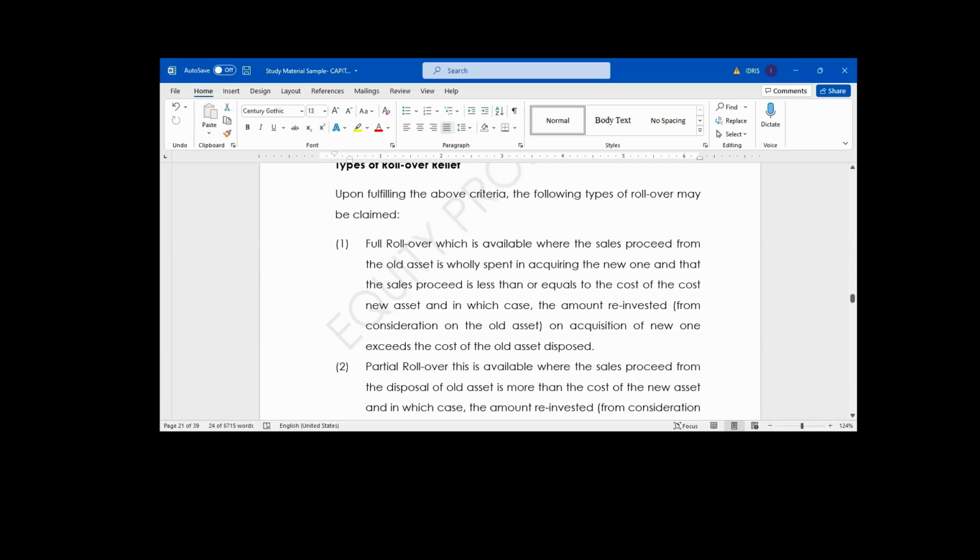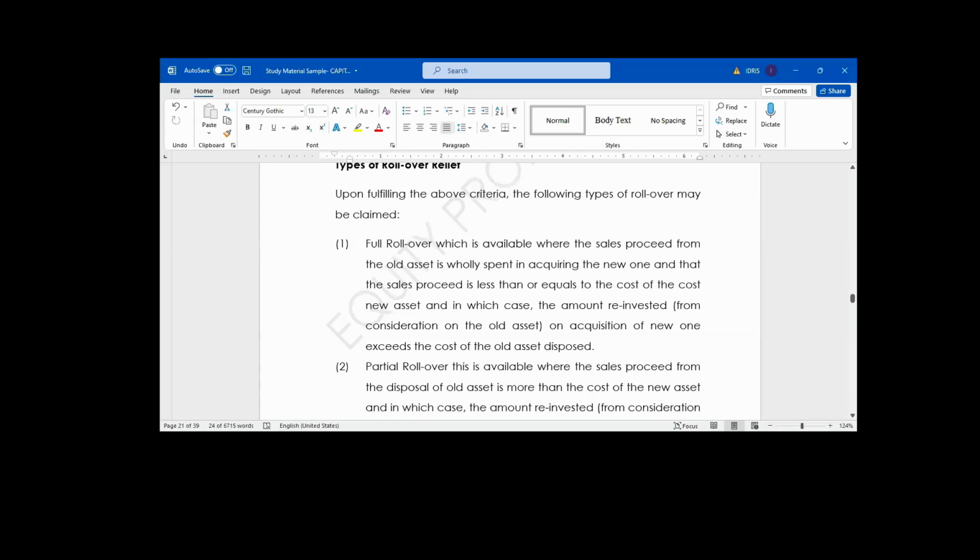That is full rollover. In full rollover, you will not pay any capital gain tax at all when you dispose of the old assets. You defer all the capital gain tax to a future period. There is no capital gain tax liability at all in full rollover.